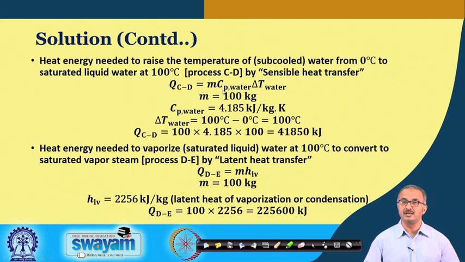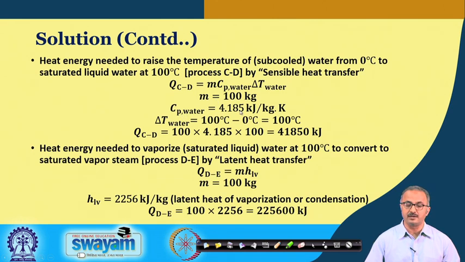So for ice, for water vapor, we are taking them to be constant. But if it is not to be taken constant, then we have to take the integral of Cp dT, and we should have in that case some correlation for specific heat based on temperature, and we have to integrate the correlation with temperature to get the heat energy required. So here we are taking them to be constant.